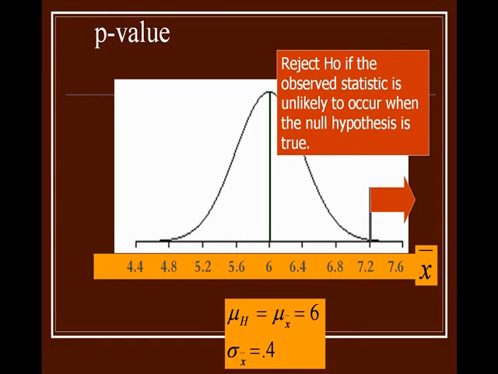Sometimes you're going to get a mean that's different than 6 just because of random error. And sometimes you're going to get a mean that's different than 6 because the population mean really isn't 6. So we got 7.2. We want to know if it's reasonable to think that it could have come from a population with mean 6, or if it's so far away that we cast doubt on that null hypothesis, or that hypothesized mean of 6.